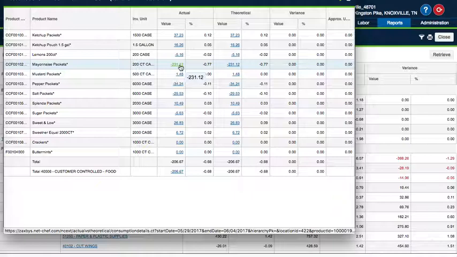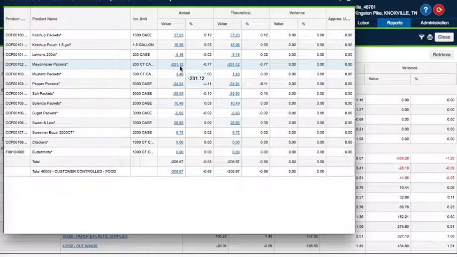That means that from the final inventory we did on 5/28 to the final inventory we did on 6/4, we counted something incorrectly, because we're saying that we grew mayonnaise packets. When I spot that, I know there was something incorrect on my final inventory, or an incorrect quantity on a previous inventory as well.